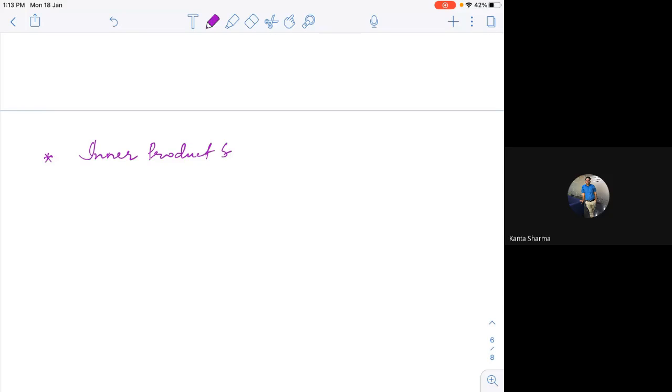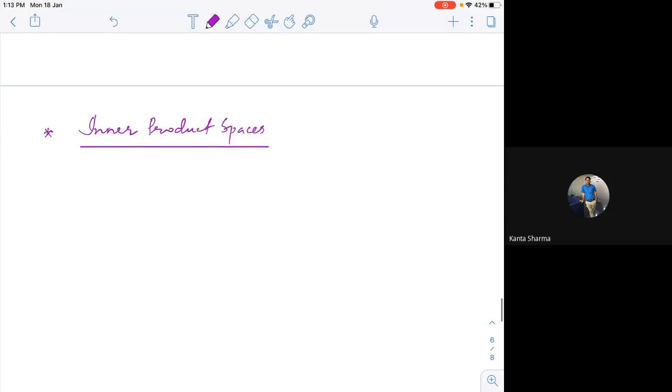Inner product spaces are nothing but vector spaces only. But the new thing is that we are going to define some kind of multiplication for the vectors. So, let us start with a vector space. Let X be a vector space. Vector spaces are also called linear spaces.